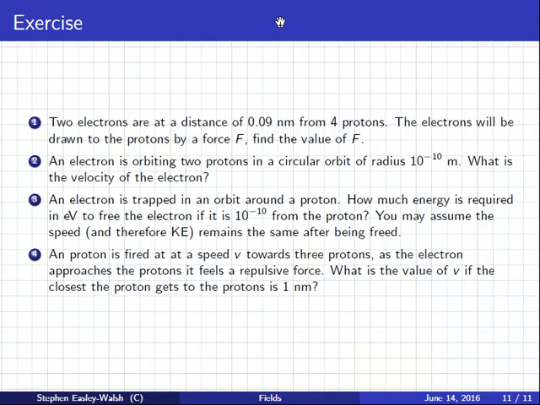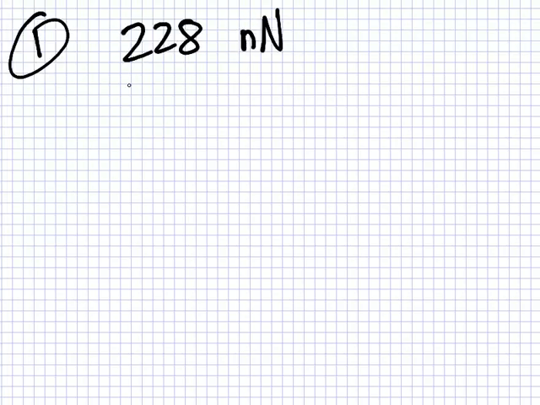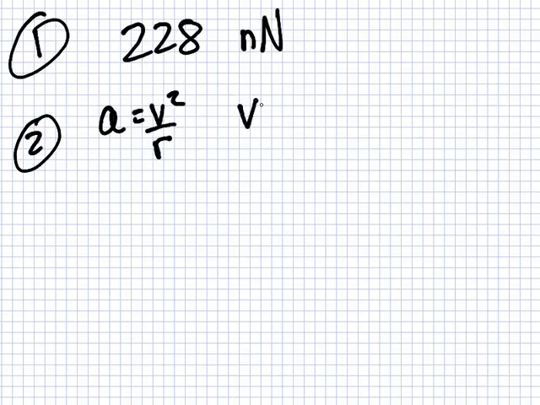Okay. Number 2, I can't quite write this one down. An electron orbits 2 protons. What is the velocity? Okay, so we have electron orbits 2 protons. So the V is equal to, well, we have A equals V squared over R. So V is equal to square root AR. But from Newton's second law, what's A?